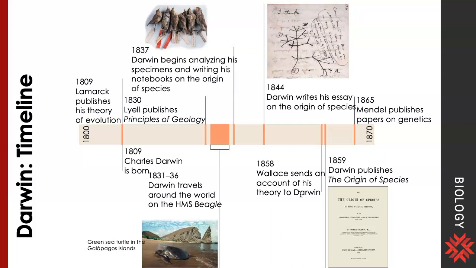So Darwin said, okay, if other people are seeing the same pattern and coming up with these same ideas, then maybe it's true, maybe it will become commonly accepted. So then Darwin publishes his manuscript and the rest is history. We don't often hear about Alfred Russel Wallace, but perhaps he did have an influence on Darwin publishing his manuscript, so thank you, Wallace, for your part in history as well.